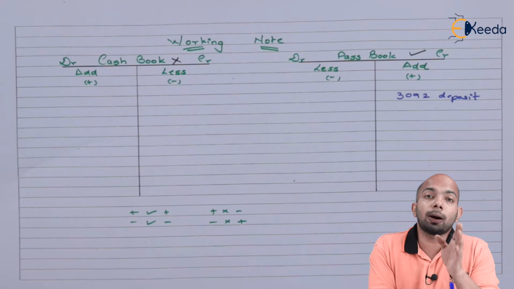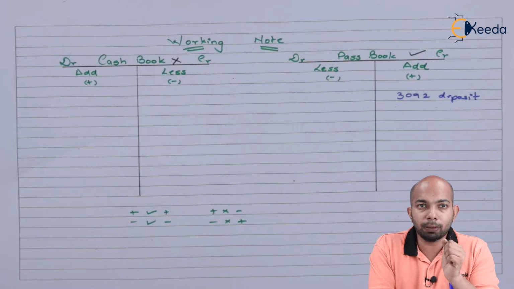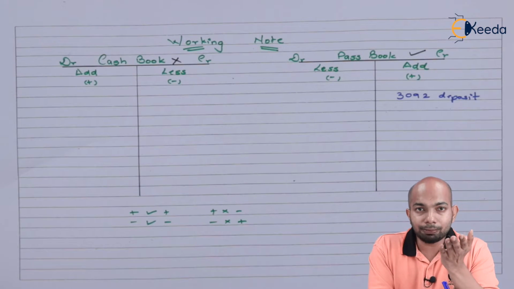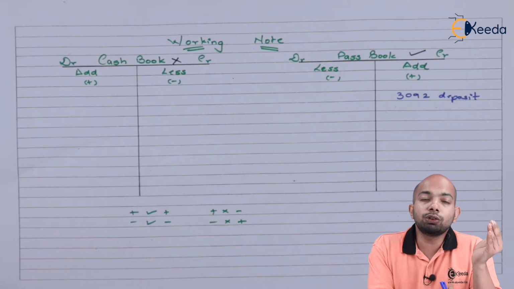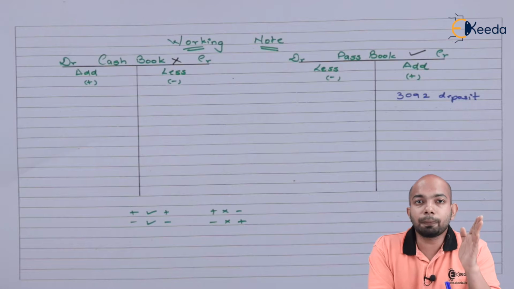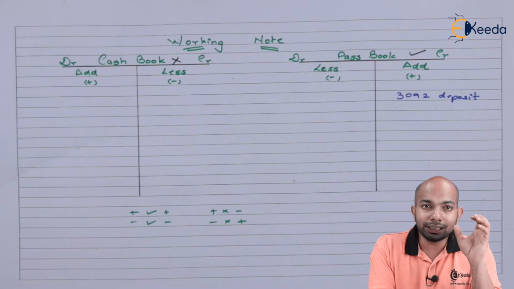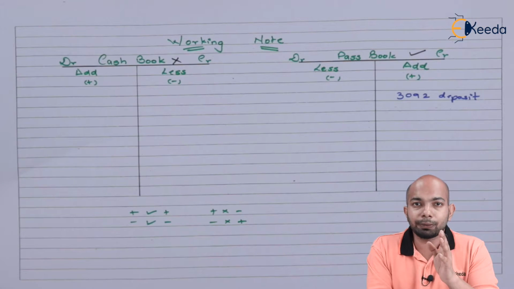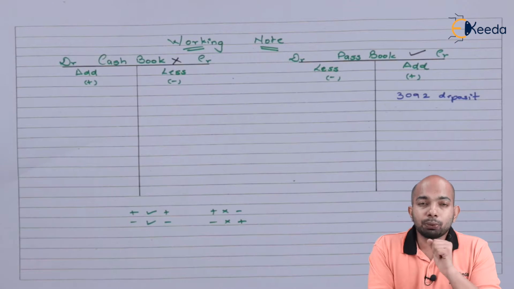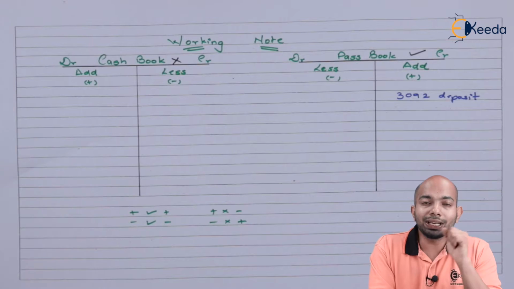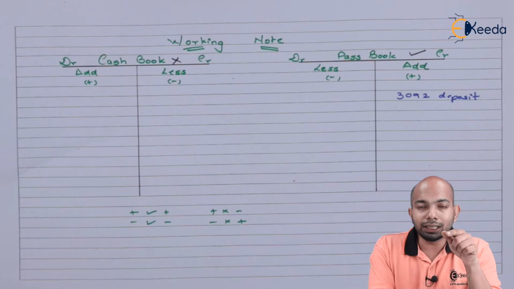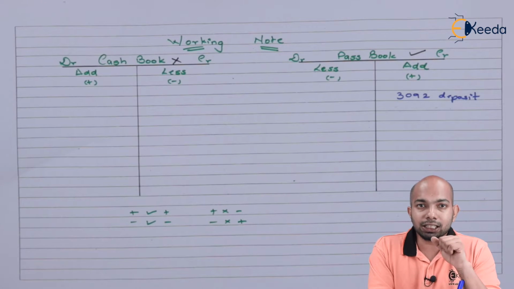Unless and until you update your passbook, there will be no intimation about it. So as it is already subtracted, that means the passbook has already been updated. Now you have to move towards the cash book, where you have to understand whether it is supposed to be added or subtracted. Now that it is supposed to be subtracted, the cash book is wrong. You will add this amount. So similarly, in the cash book, you will be adding this part.